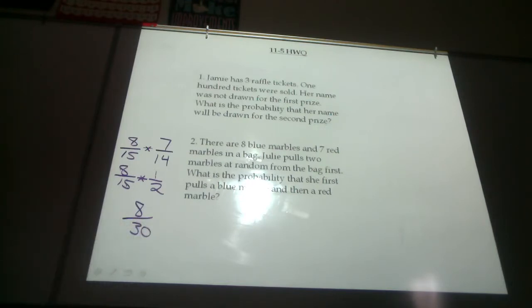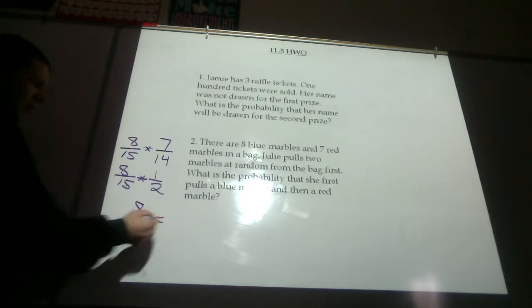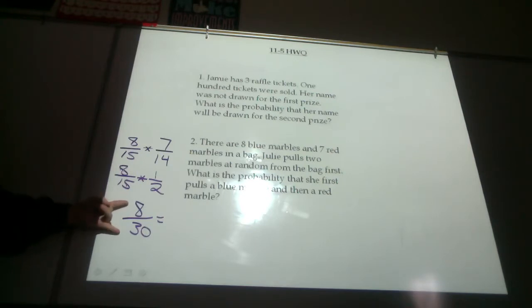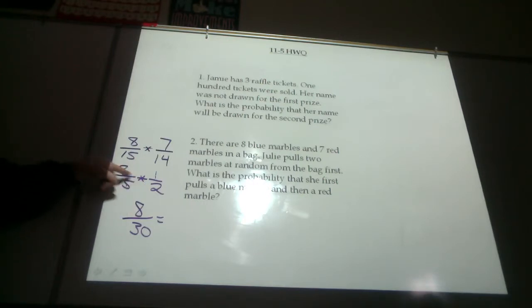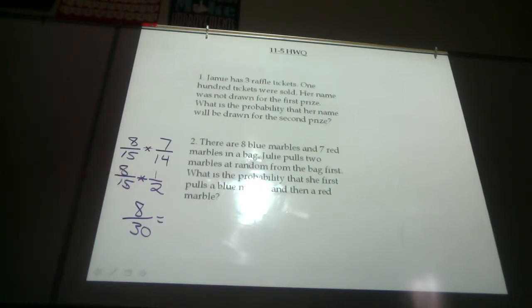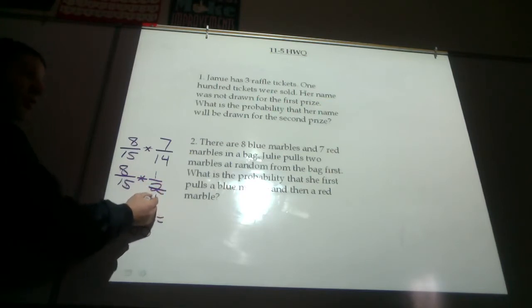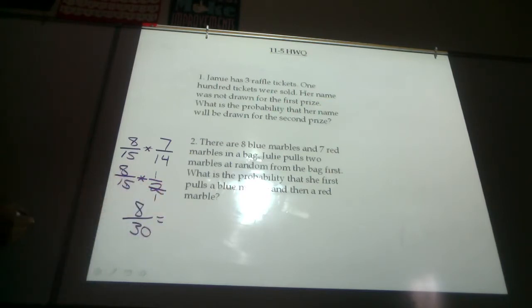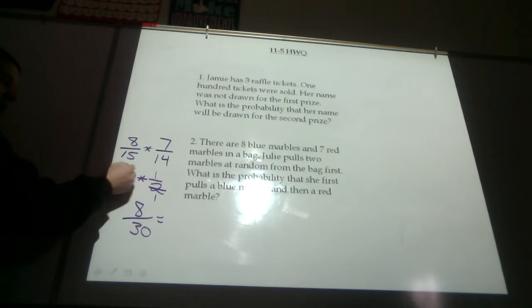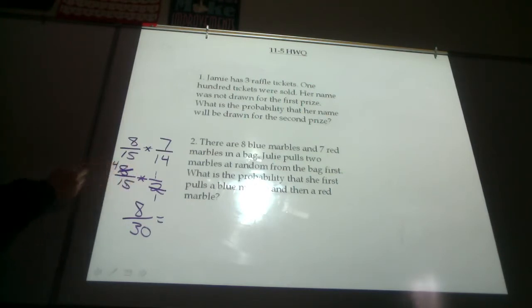If I simplify before I multiply, you can see here that these are both even numbers, so I can take 2 out of each of them. If I take out 2 from my cross products before I multiply, I'll be in the simplest form. So I'm going to take 2 out of here and say 2 goes into itself 1 time. I'm going to take 2 out of 8 and say that 2 goes into 8 4 times.